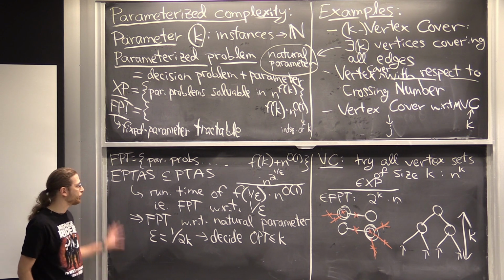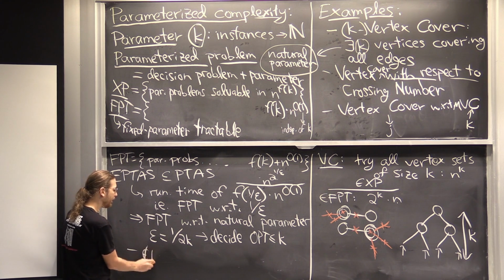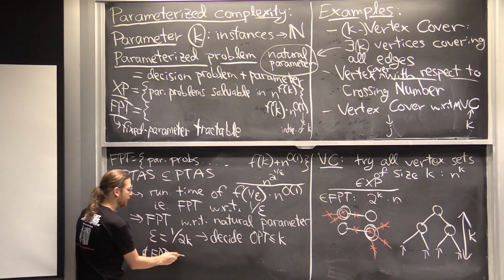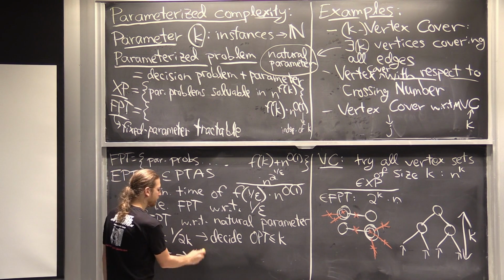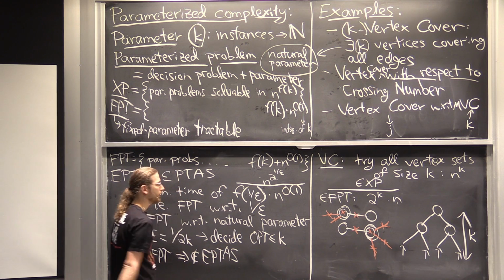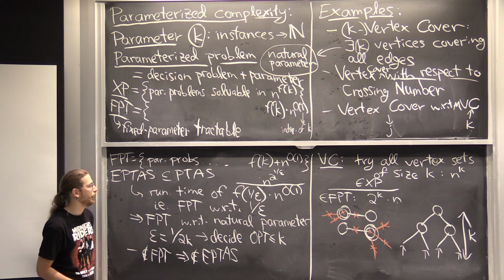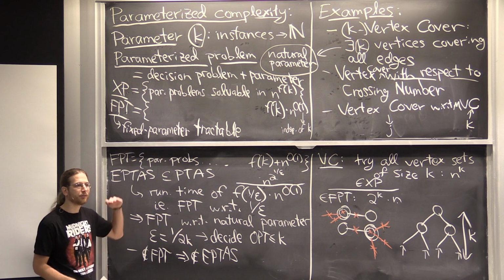So this is particularly interesting because it means if a problem is not in FPT, then it does not have an efficient PTAS. Before, in previous lectures, PTAS was considered gold. Now we can distinguish between ePTAS and PTAS.